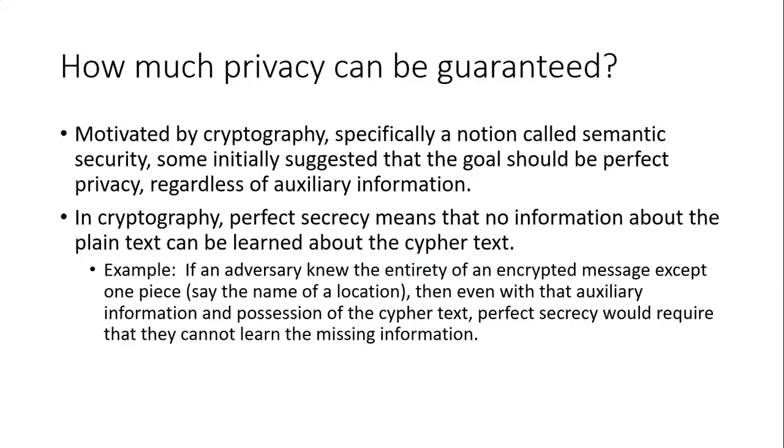An example given on the screen is that if an adversary knows the entirety of the message that has been encrypted, except for one piece, say an important location, then even having all of that auxiliary information of the whole message decrypted except that one piece, and having the ciphertext, those two things together are not supposed to be able to break it if there's perfect secrecy.